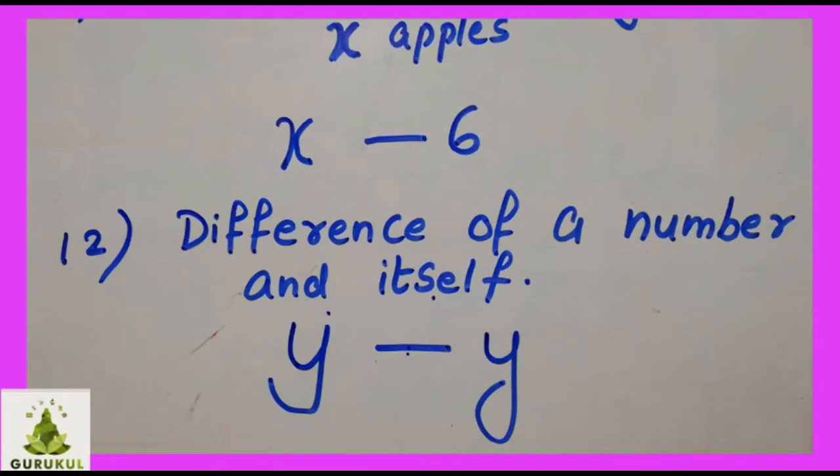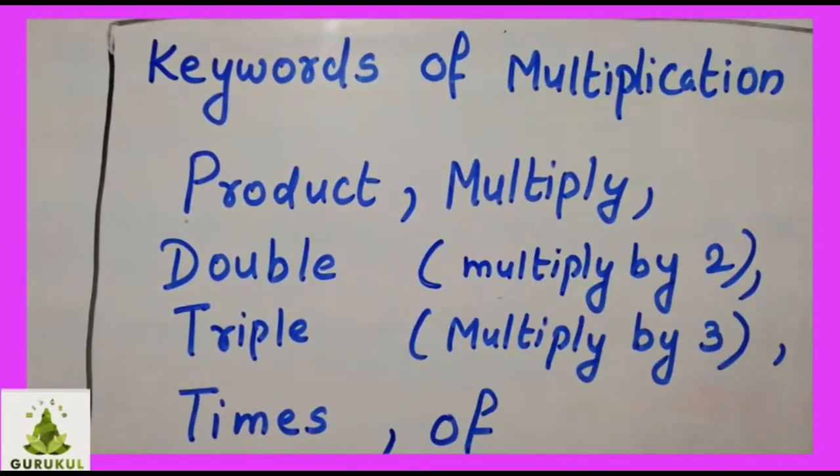Copy down the keywords for multiplication now. Make a box and write the keywords for multiplication. Product: if the word product comes, you have to multiply. Double means multiply by 2.